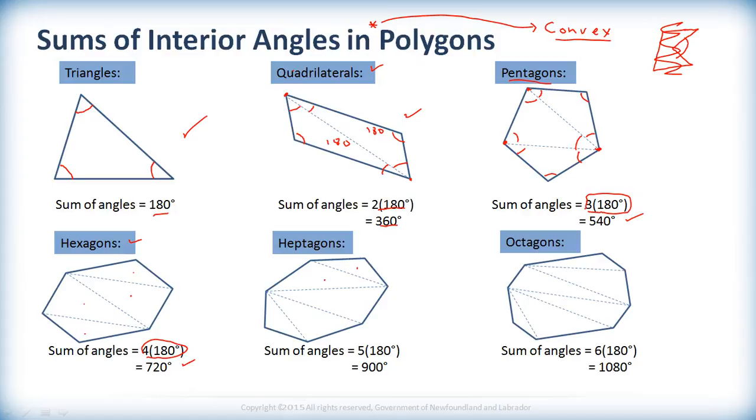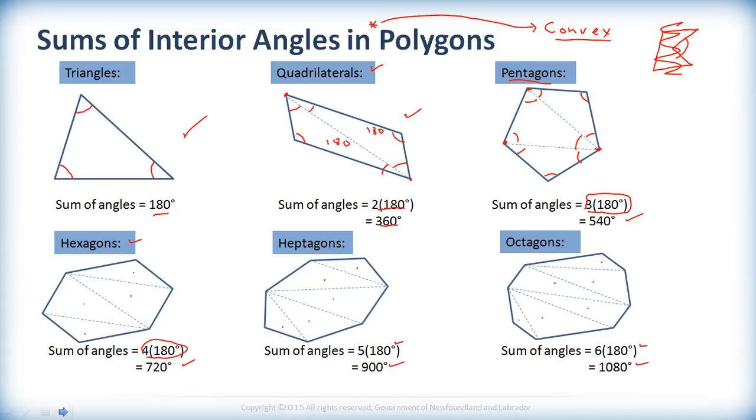Let's see, we've got 1, 2, 3, 4, 5 triangles. So our sum of our interior angles will be 5 times 180, which is 900 degrees. And then for an octagon with 8 sides, let's see, we've got 1, 2, 3, 4, 5, 6 triangles, and that gives us 6 times 180, or 1080 degrees.